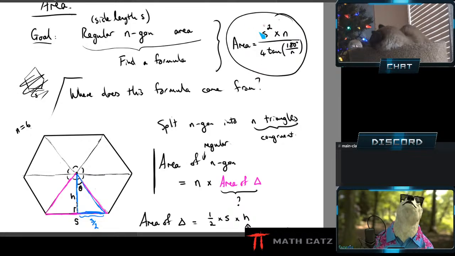And then understand this formula to find the area of a regular n-sided polygon. Are there any questions on this at this stage? All right, then we will continue this question.